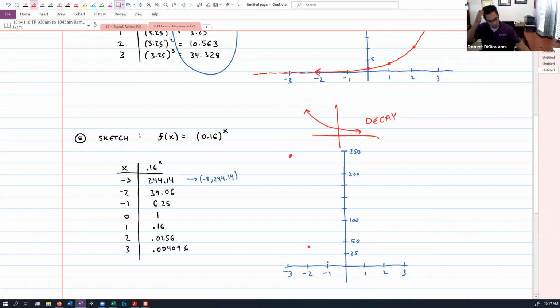And so with those dots, hopefully you can see it's going to be hard for me to draw this. It goes like this. And then on the right, it just gets small really fast. So it's just getting closer and closer to the x-axis. This way, like that.